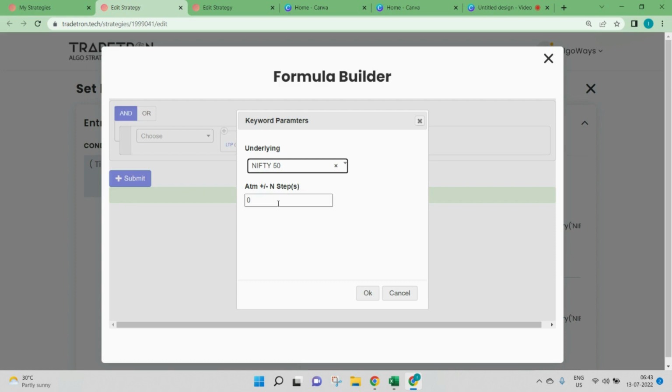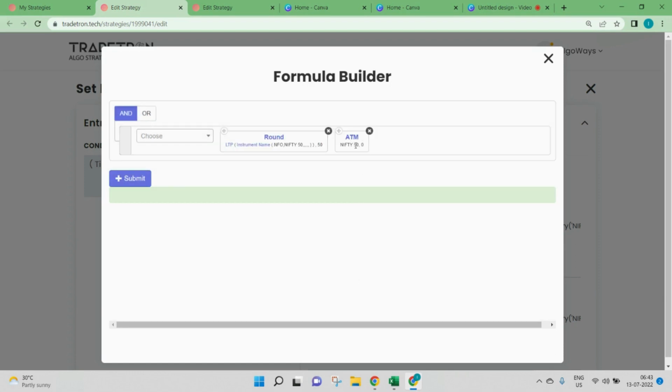If we take the ATM step as 1 here, it will take ATM plus 1. That is, if Nifty is 15,000, it will take a strike of 15,050 in case of call options and 14,950 in case of a put option. So we'll take it as 0. 0 means it will take a strike of 15,000 only.